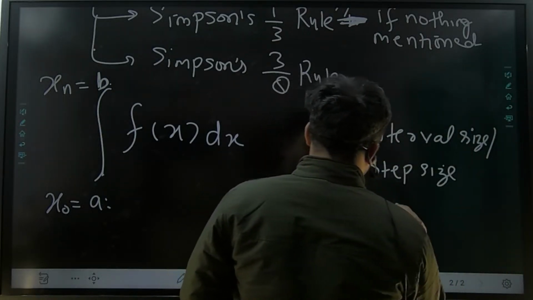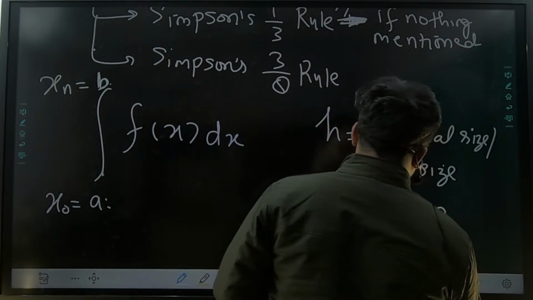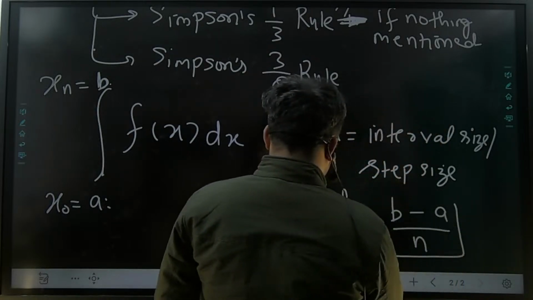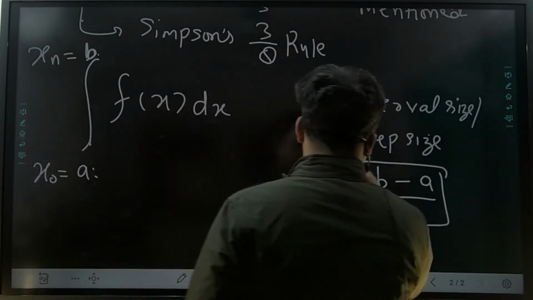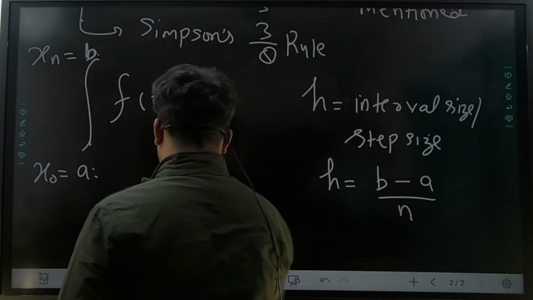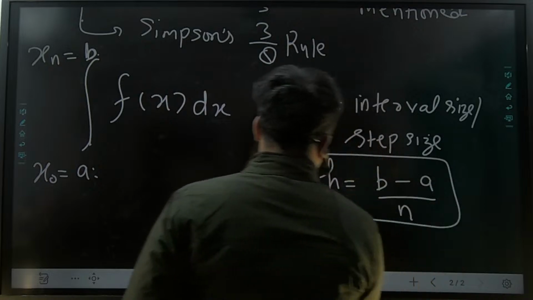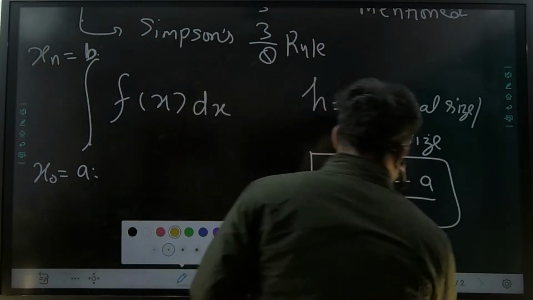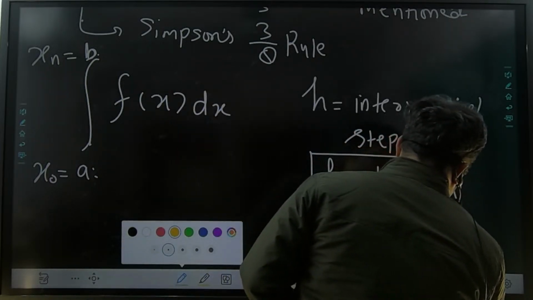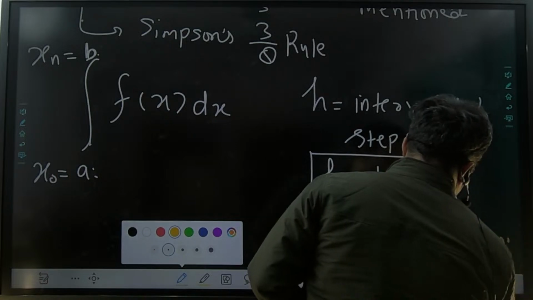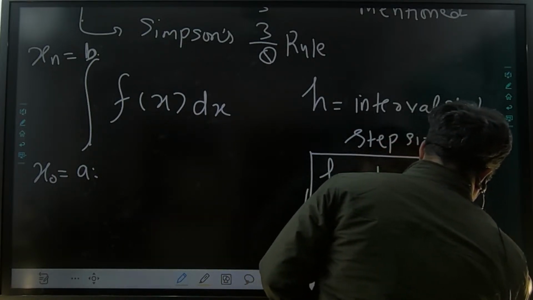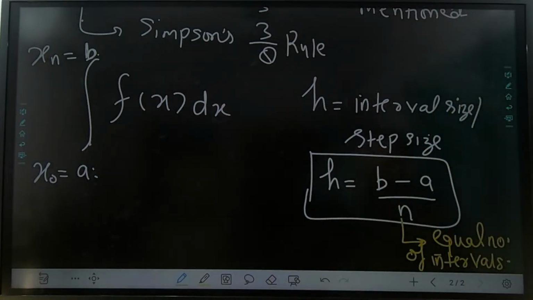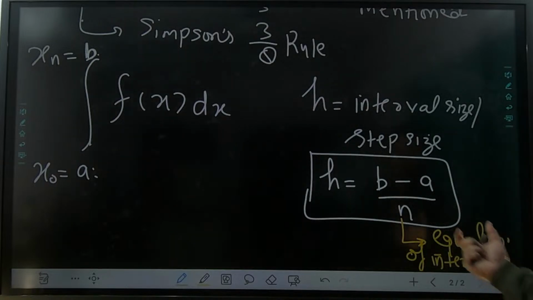This step size h is nothing but the final limit minus the lower limit, divided by n. N is nothing but the number of equal intervals. So the total span is b minus a, and you are dividing it by this number of equal intervals.